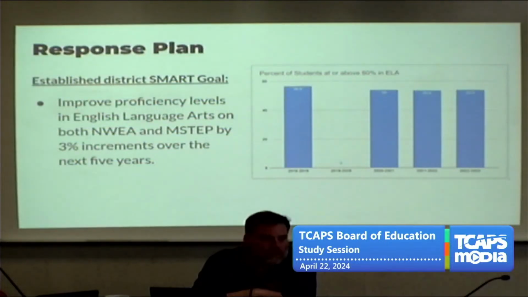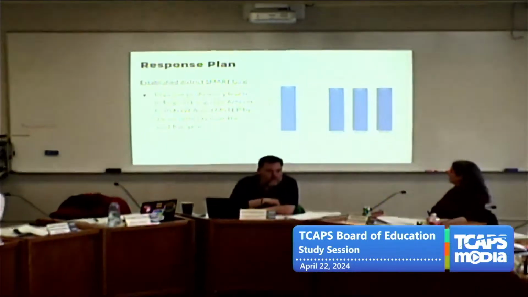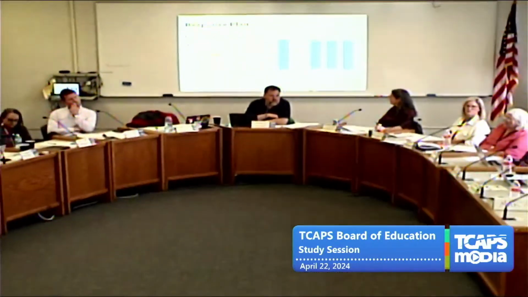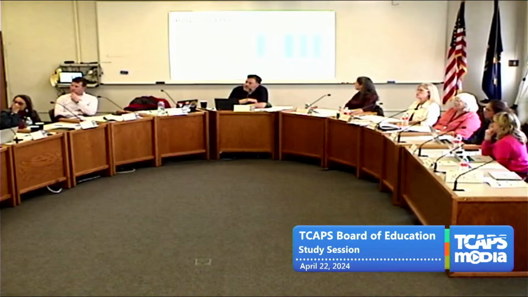So as a group, we really have identified that we are going to be focusing specifically on English language arts over the next several years. And we established a district SMART goal. So our SMART goal is really related to that proficiency. 54% of our students being proficient in reading is really not an acceptable percentage, right?